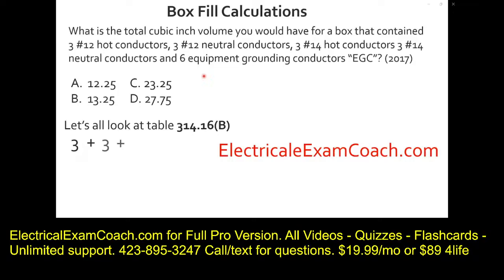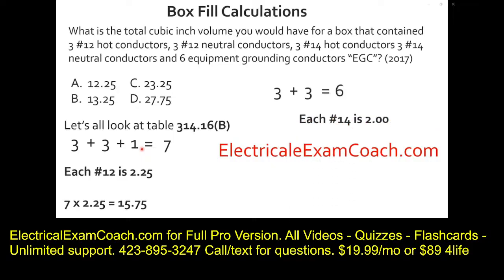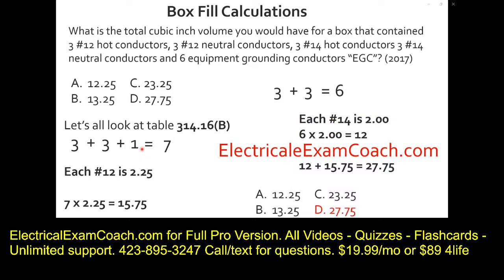We know we got 3 hots, 3 neutrals, and we're going to group all of those equipment grounding conductors, counting them as 1 with the largest, which happens to be 12. We take and bear that math out. Now let's deal with the 14s. We had 3 hots, 3 neutrals, don't have to deal with any grounds, they've already been dealt with. We take and bear that math out, total the 2 together, and we end up with 27.75 cubic inches.